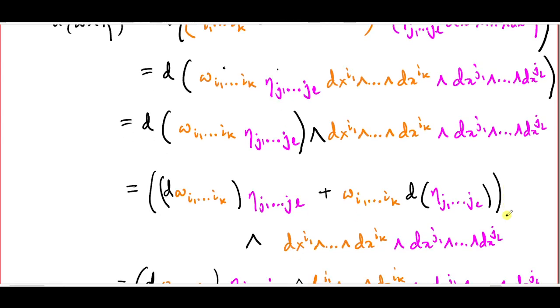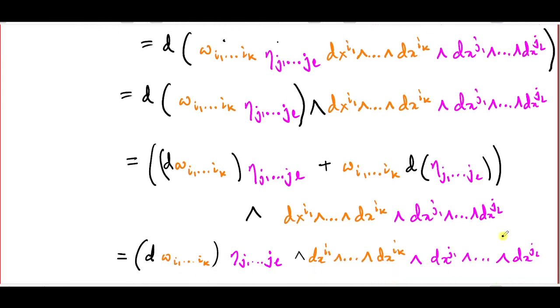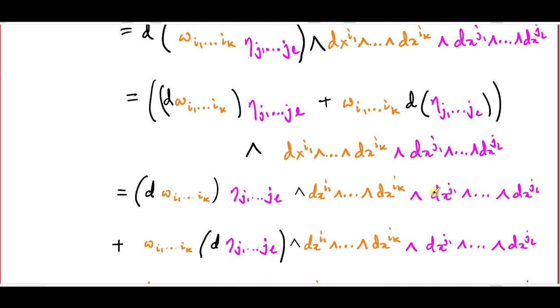All this wedged together with the dx I1 through dx Jl. Now, let's split this up into two terms. The first term here comes from this wedged with this, and the second term here comes from this term wedged with the rest of the basis vectors.